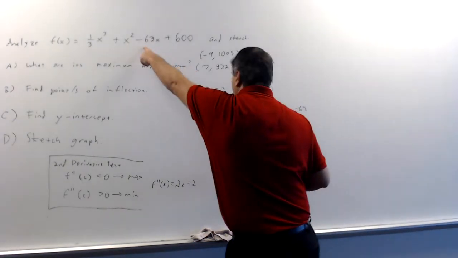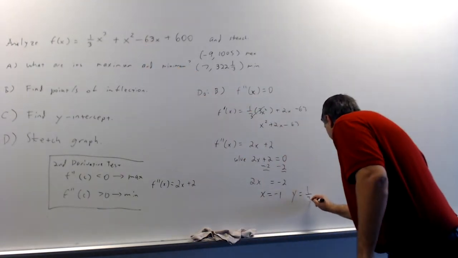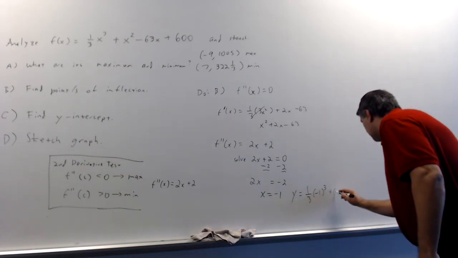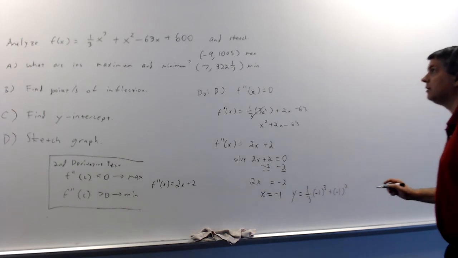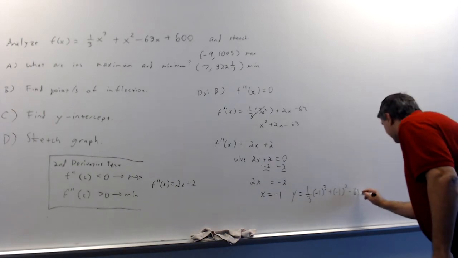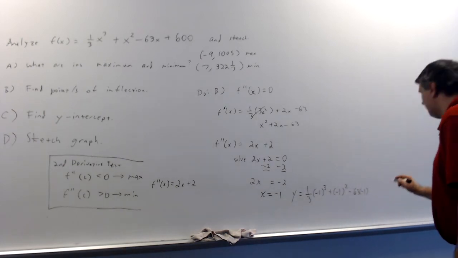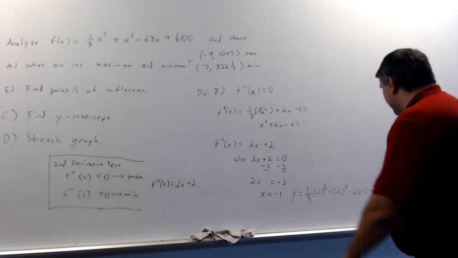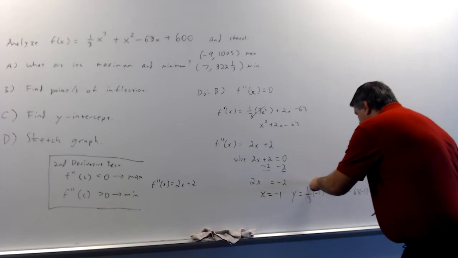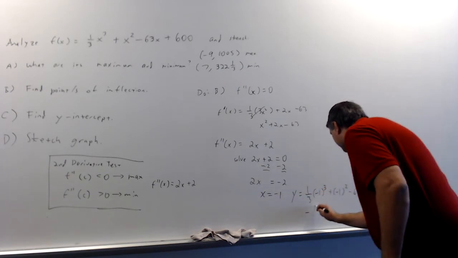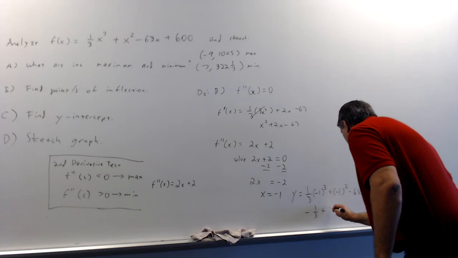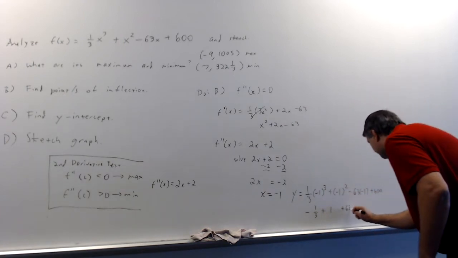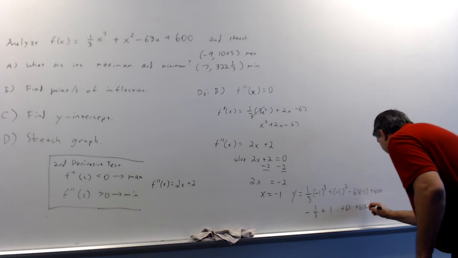So I'll plug it into the original function: 1/3 times negative 1 cubed plus negative 1 squared minus 63 times negative 1 plus 600. Negative 1 cubed is negative 1, so that's negative 1/3. Plus 1, since negative 1 squared is 1, plus 63, plus 600.